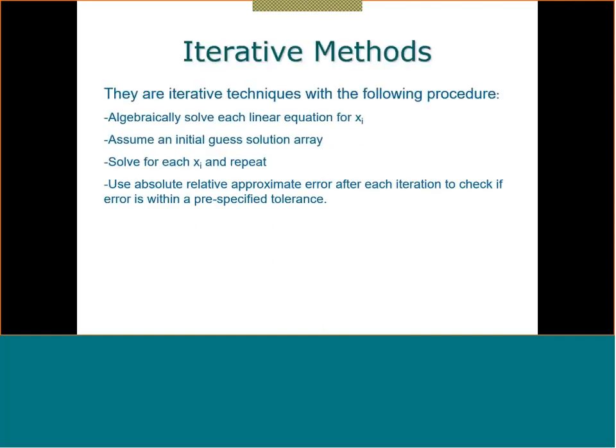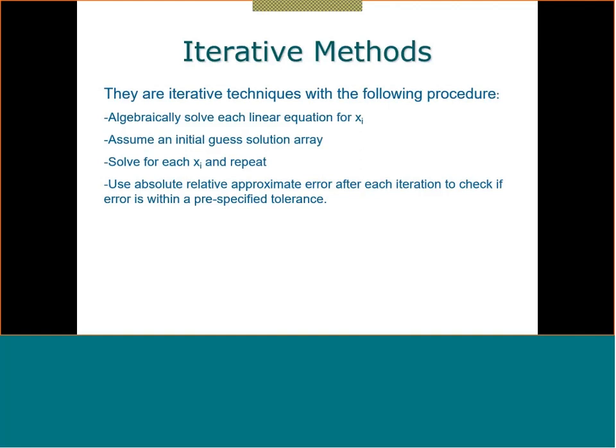In this iterative technique for solving linear equations, we have to start with an initial guess: x1, x2, x3 equal to this. And then we solve for x1, x2, x3, and then we keep on repeating.